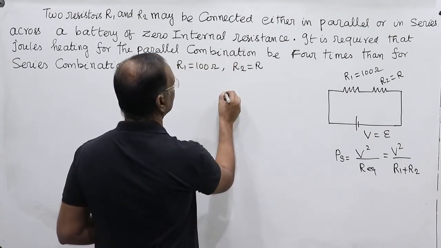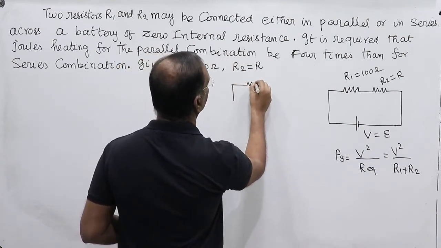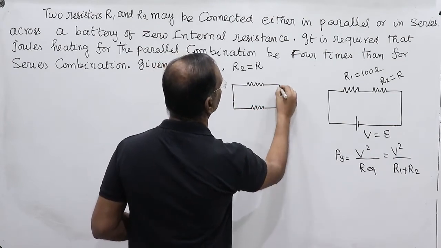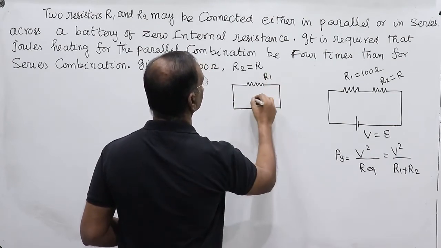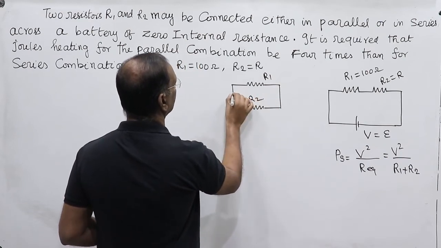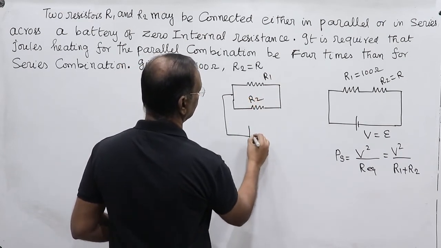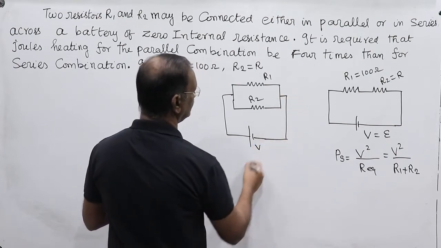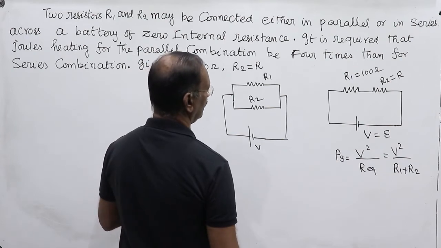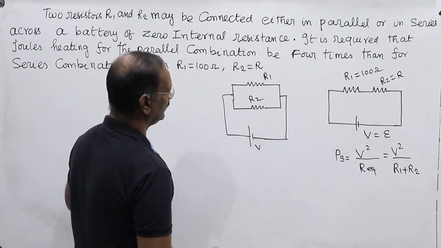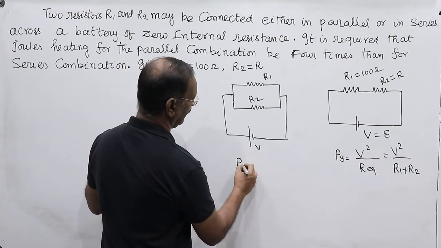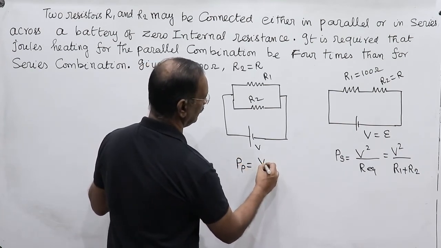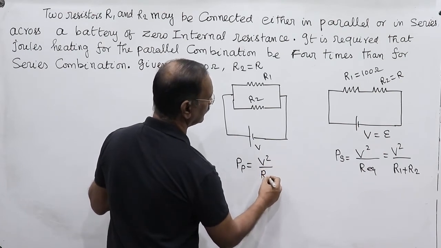And second one, the same thing is connected in parallel. This is R1, this is R2, connected in parallel to the same battery with zero internal resistance. So what is the equivalent? Power in a parallel circuit is equal to V square by R equivalent.